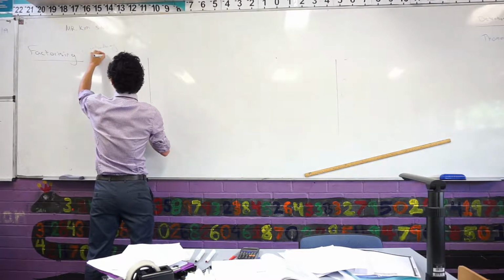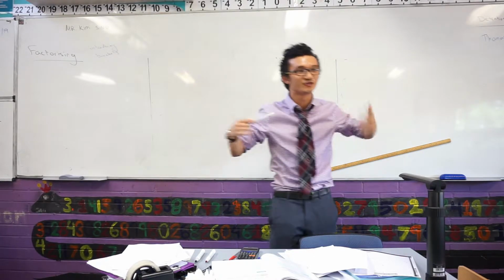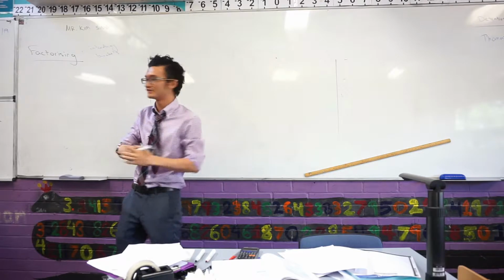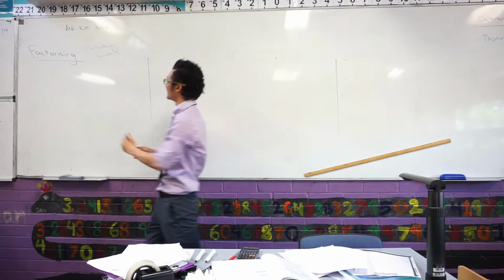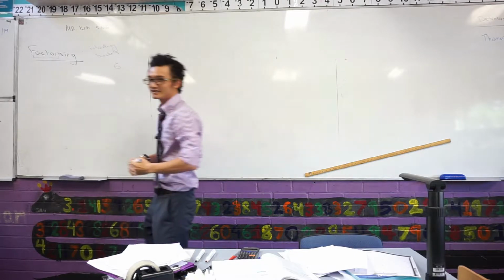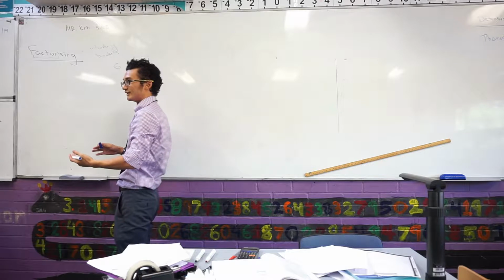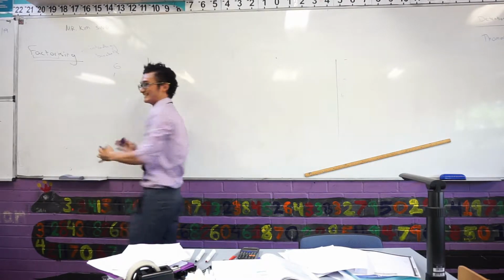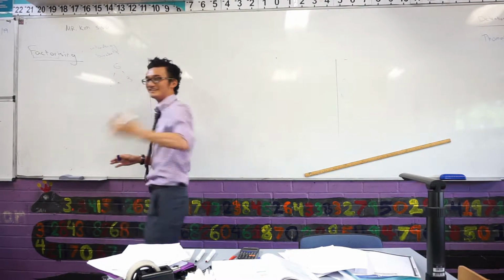So when Christian said he wants something in a factorized form, we usually say there's some sort of brackets involved. Another thing to think about is what does the word factor actually mean? If I say 6, 6 has factors. What are the factors of 6? 2 and 3, or 1 and 6.